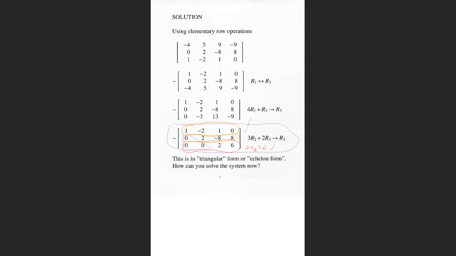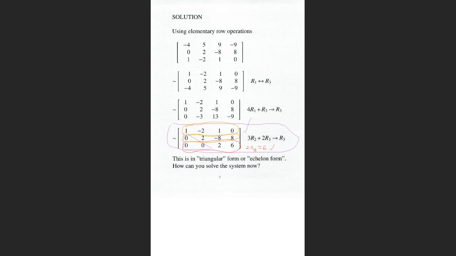But would there be anything wrong with just continuing to do more row operations to break the augmented matrix down more, so that maybe in the end we could just identify the values of all the variables? There would be nothing wrong with that, right?